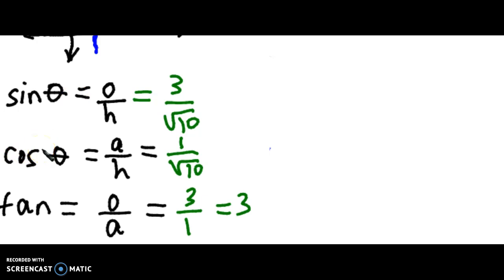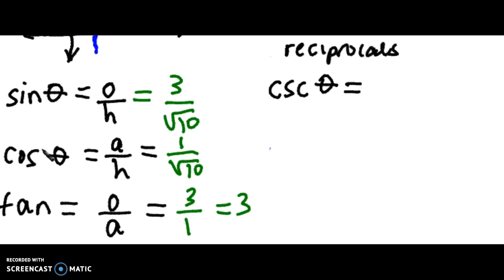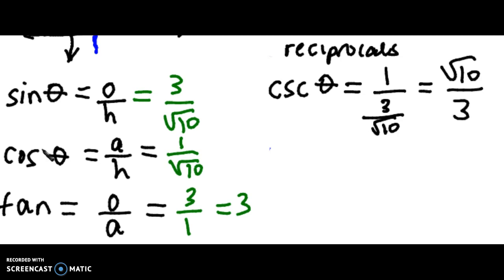So remember that cosecant is the reciprocal of sine. Sine equals 3 divided by the square root of 10. So the cosecant is going to be its reciprocal, or its inverse, which is 1 divided by 3 over the square root of 10. And all this does is flip the fraction upside down. So the cosecant of theta would be the square root of 10 over 3.